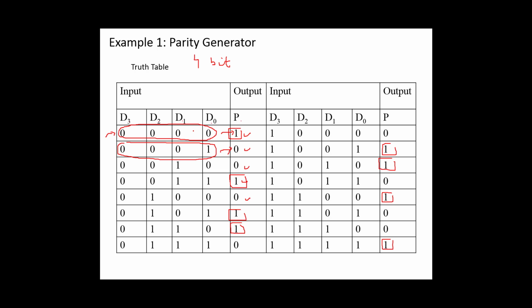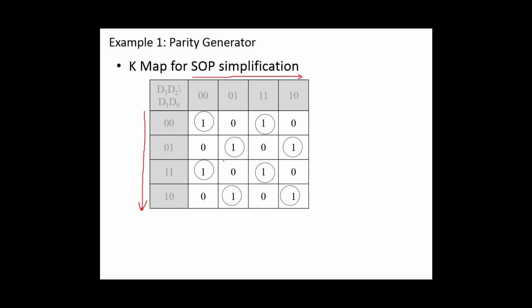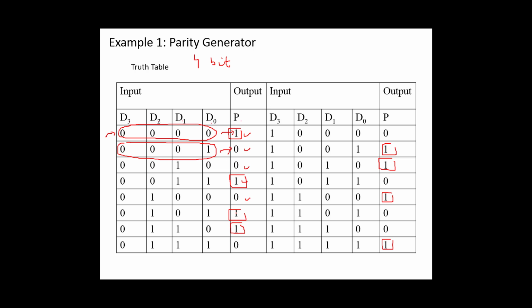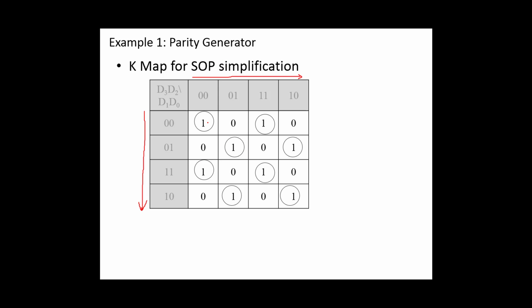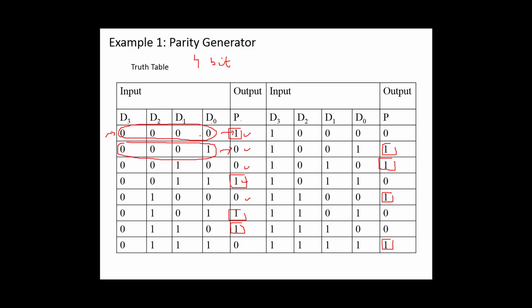So for each row where the output variable P is equal to 1, we will mark a 1 over here, and since there are 8 rows where P is equal to 1, there would be 8 boxes highlighted, and each box would correspond to the min term of the input combination.